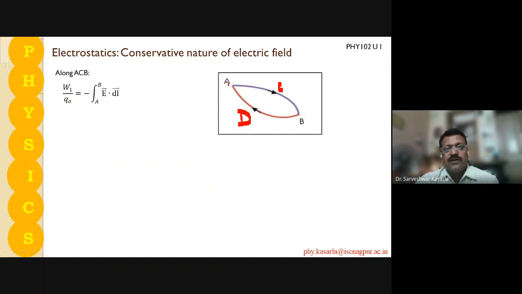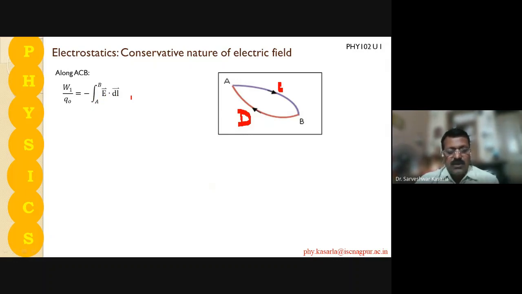The charge is moving from A to B along this path C, and the potential, or work done per unit charge, is given by this.